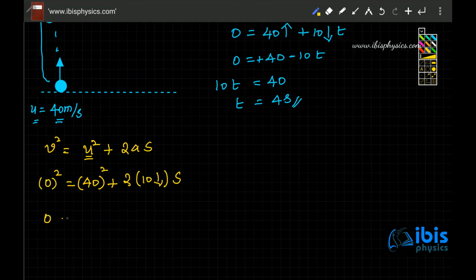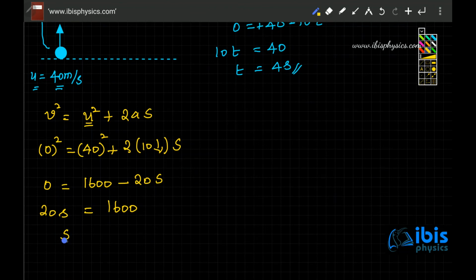0 square is 0. 40 square is 1600. Because it is 10 downwards, it is 2 into minus 10, which is minus 20 into s. Minus 20s comes to this side and becomes 20s equal to 1600.